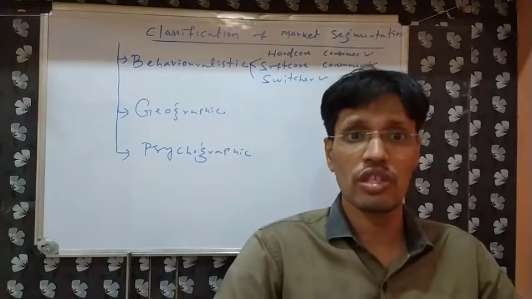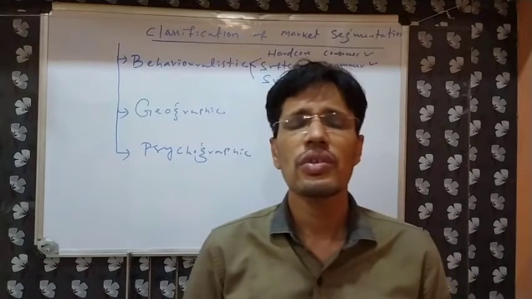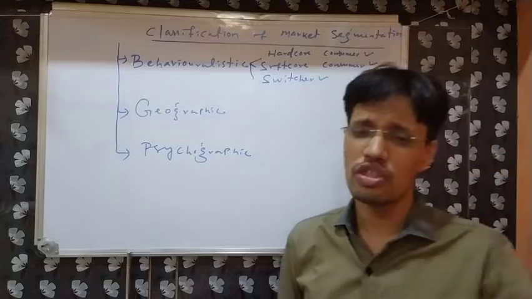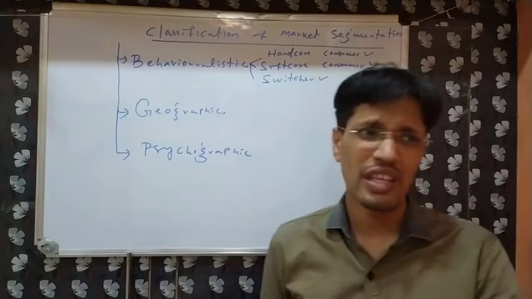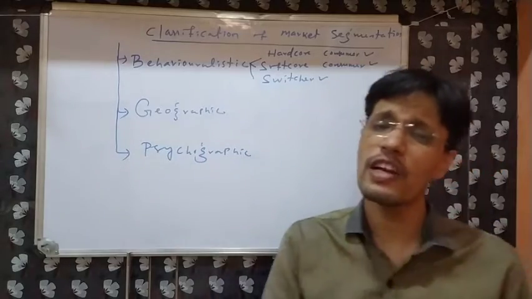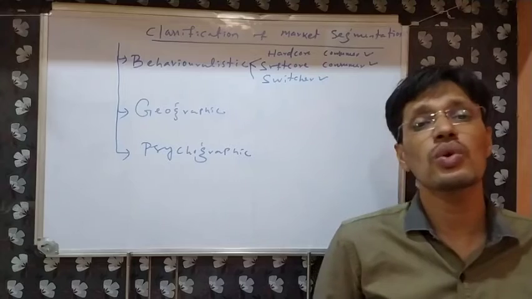India is such a divergent and huge country, a big country. So in that case, we cannot put a similar strategy throughout the country, for every part of the country. Rather, we need to divide the total market according to geographical location.